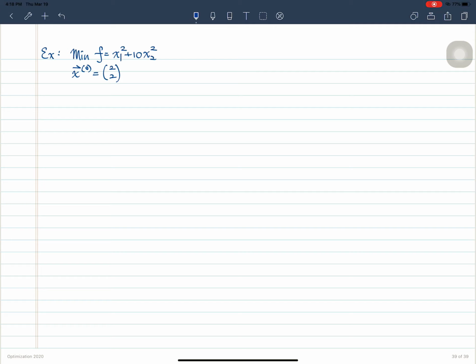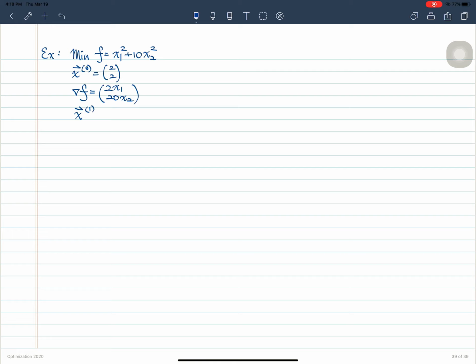Okay, so initially you treat this as a steepest descent method. So you need to calculate what's the gradient. The gradient looks like 2x1 and 20x2. Let's just directly apply the steepest descent approach.